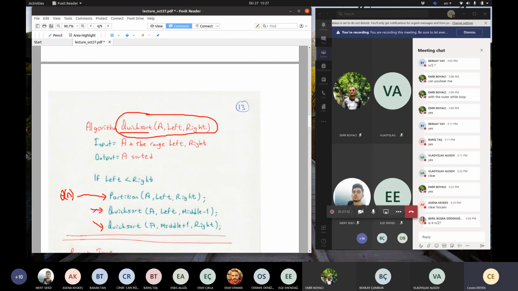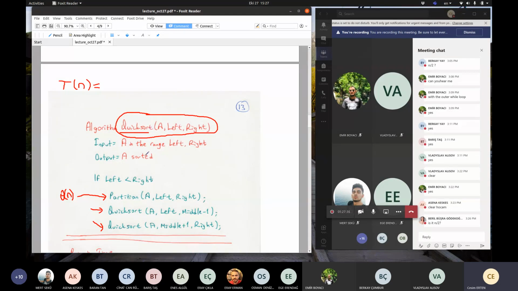We have to account for the running time spent in these recursive calls as well, which means that, remember what we needed to do while analyzing the time of an algorithm. We should write a recurrence T of n that describes the running time of our recursive algorithm.